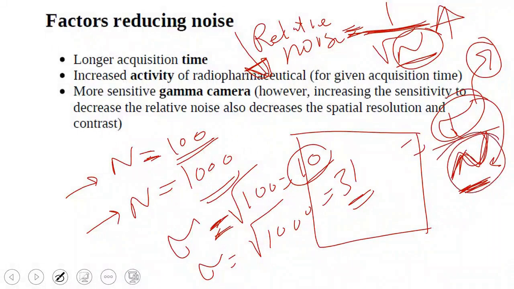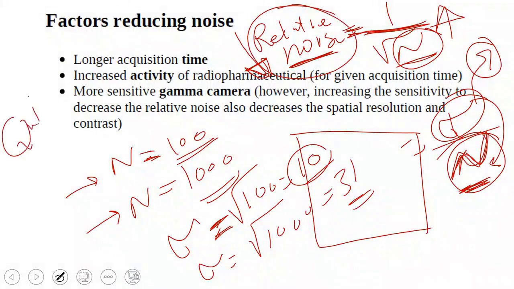So, if the number of counts you have is high, your relative noise will decrease. This means that when I say noise, or in a question that comes up, it refers to relative noise, unless they mention the term quantum noise. That refers to the statistical noise, which is the standard deviation, whereas relative noise is the standard deviation relative to your number of counts.